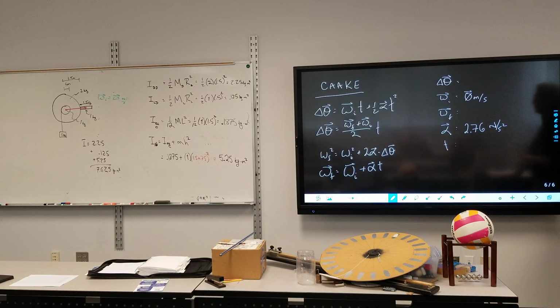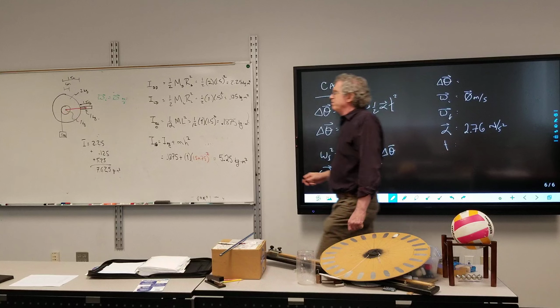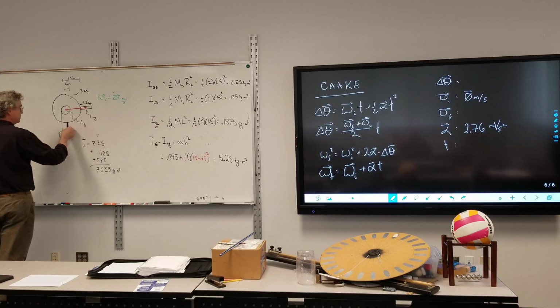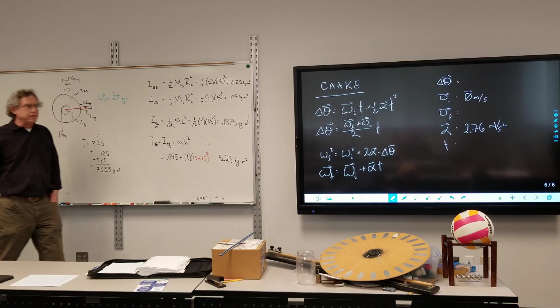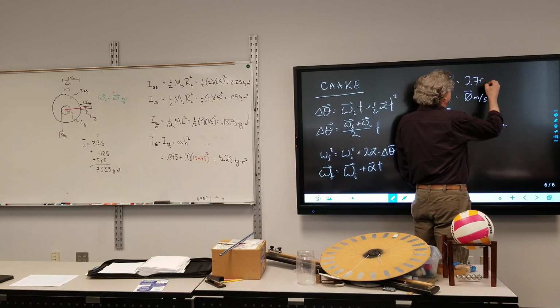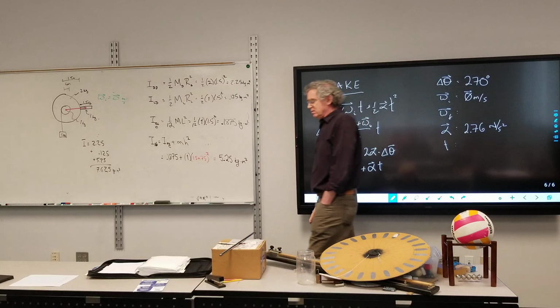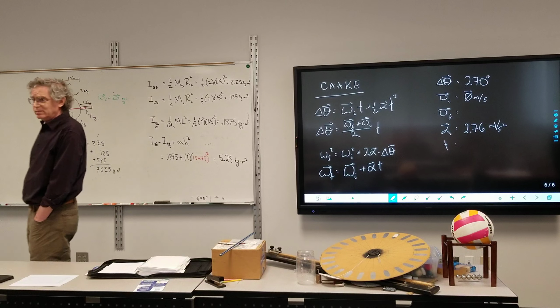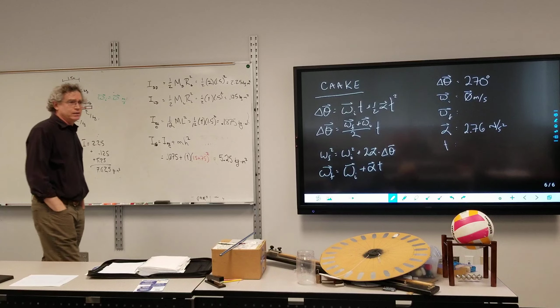All right, so now the rest of the interpretation: I don't know what the final angular velocity is, I don't know the time, I do know the angle. Through what angle is this thing going to rotate? I wanted to know how fast the middle is going when it gets to here. 270 degrees. Now I could write down 270 degrees, and that is not wrong. However, the problem is that we now are dealing with mixed units, so we have to keep track.